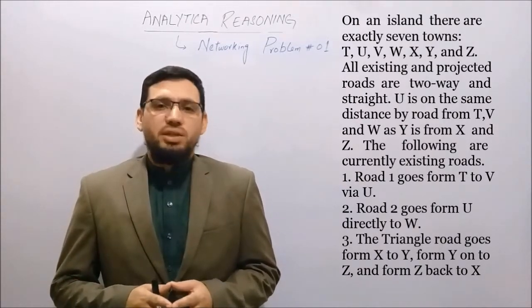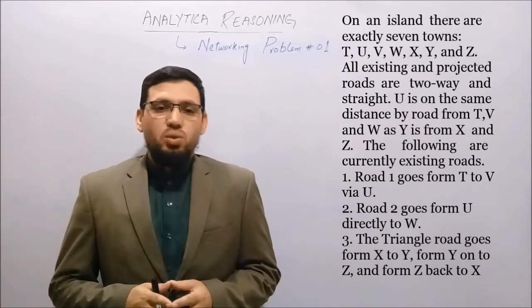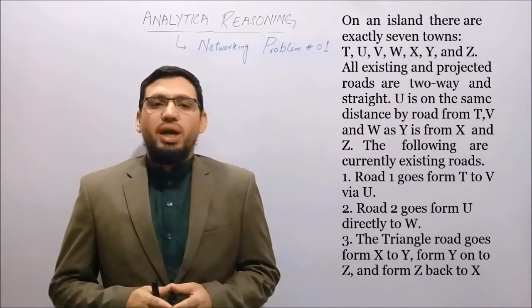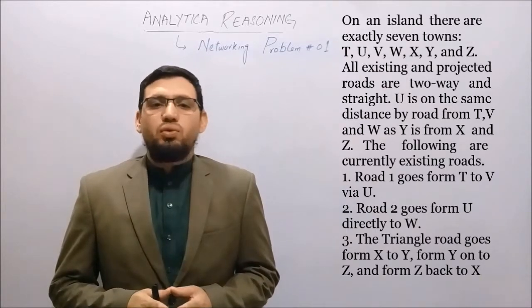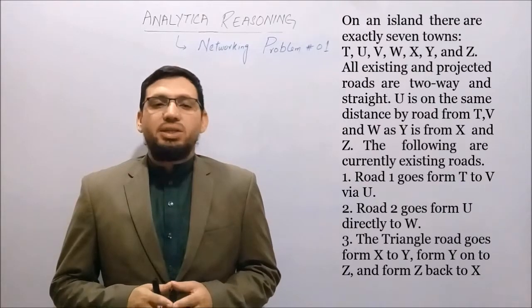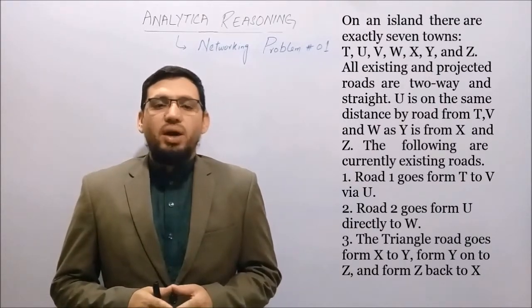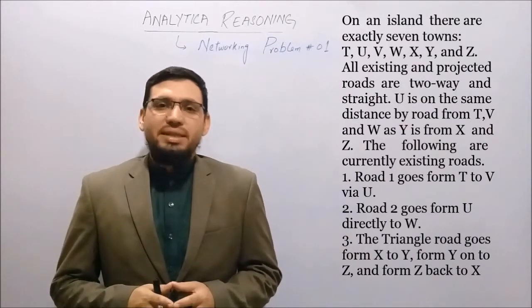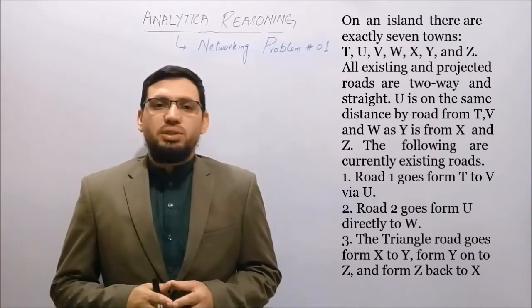We have also been given information about the links between these towns: road 1 goes from T to V via U, road 2 goes from U directly to W, and the third one is a triangle road between X, Y and Z, and then from Z to X. So let's draw that link between these towns, and then we will move toward the question.